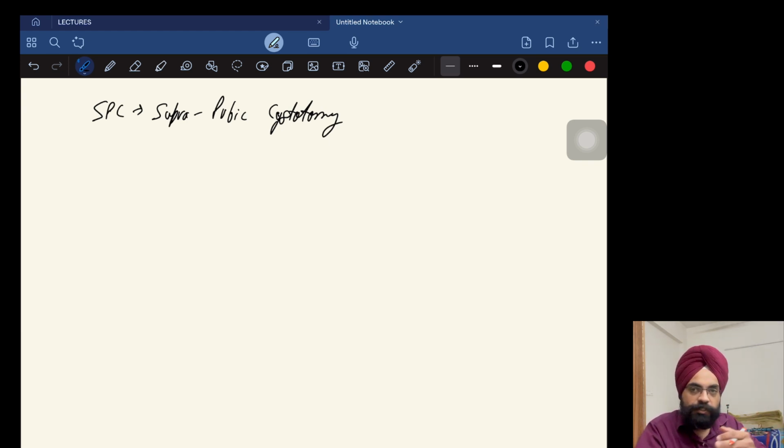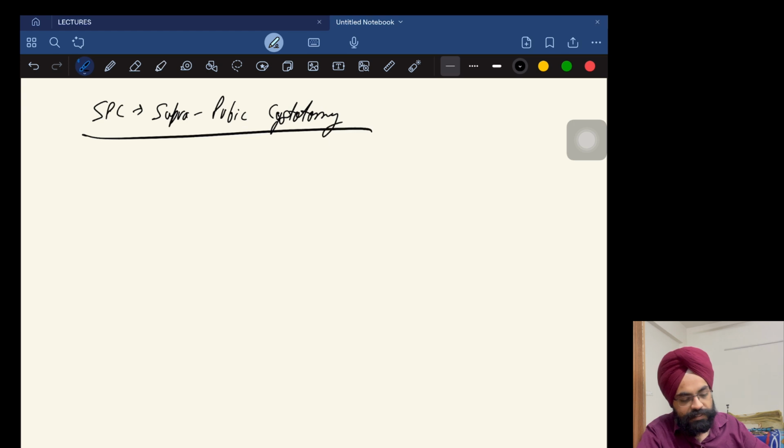When the patient is in ICU and we're having difficulty in catheterization, or there is a failure of catheterization, we do something known as SPC. We make an incision just superior to the pubic symphysis, and we install an external catheter through that incision, or we can even suck it with the help of a syringe if we just need to take it one time. But usually we keep the catheter in situ. So that is SPC, suprapubic cystotomy.